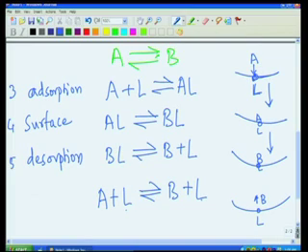For example, and it does happen indeed for some catalytic reactions, suppose while this chemical transformation is taking place and desorption is taking place, this catalyst site is coated with carbon, let us say. Then we can no longer say that the catalyst site that is regenerated over here is the same as what we started out with.